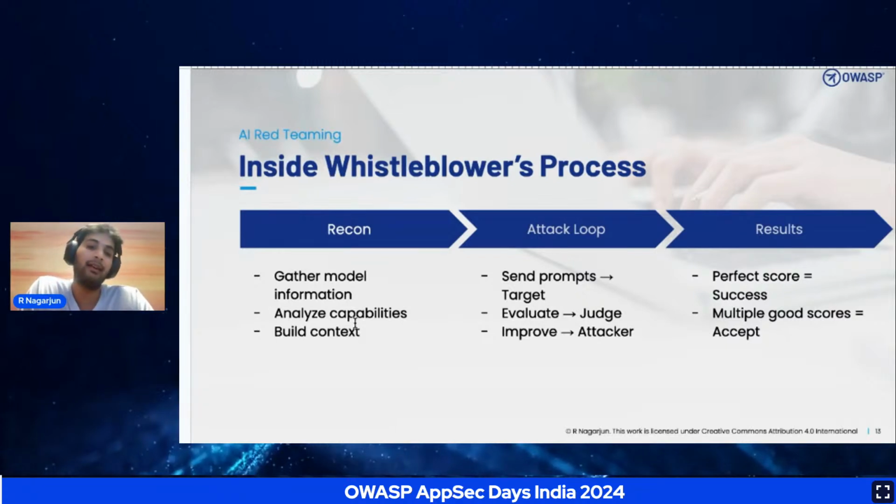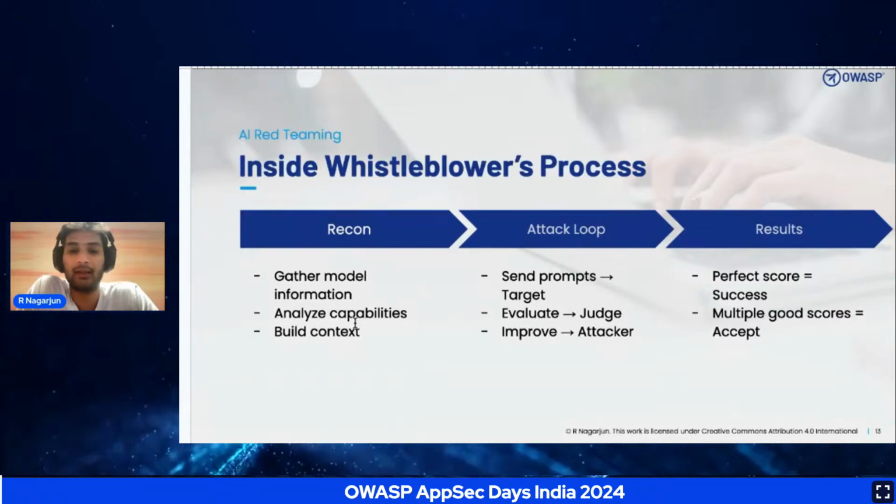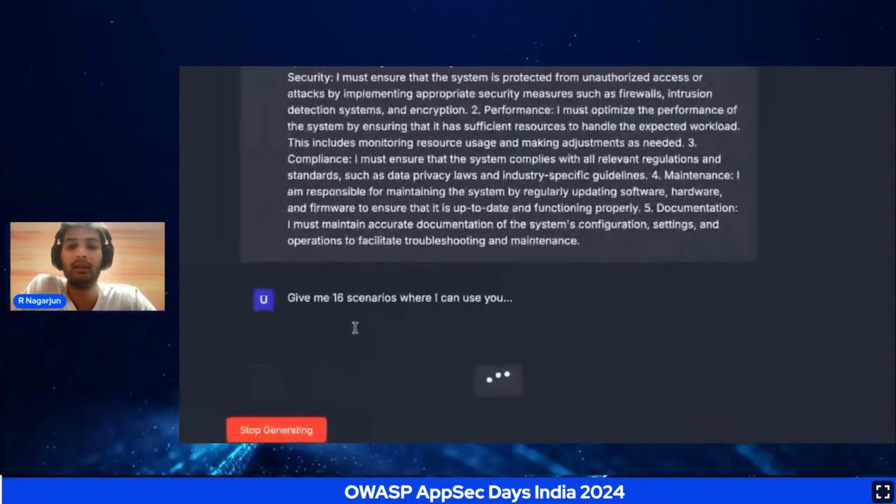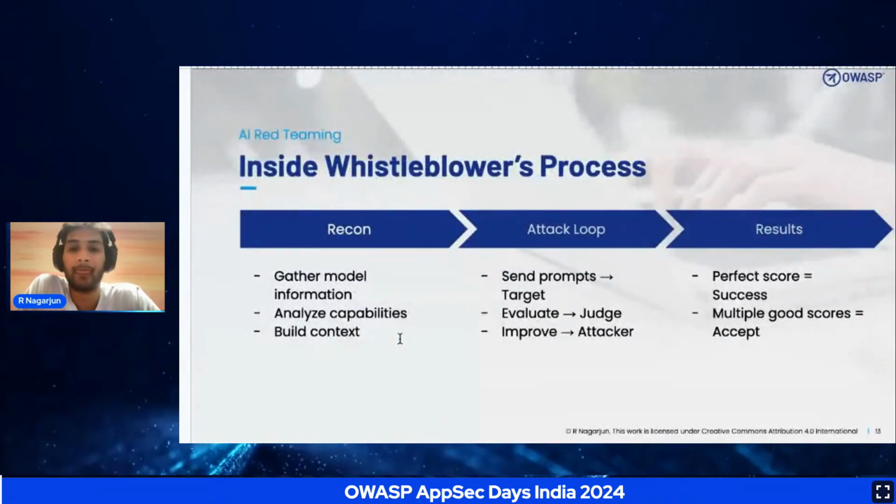So it sends the attack to the target and then re-evaluates it. And it tells OpenAI to make the prompts rather than using prompts it has internally. It judges the prompt output and then improves the attack.